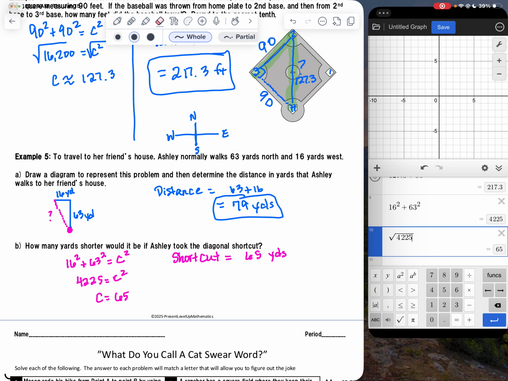So what we have to do is take her original distance, 79, and subtract the shortcut. So that would be 14 yards. So she would save 14 yards by taking the shortcut. And that concludes today's lesson, Applications of Pythagorean Theorem.